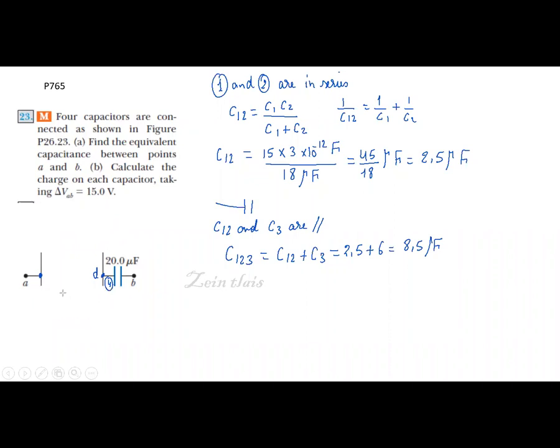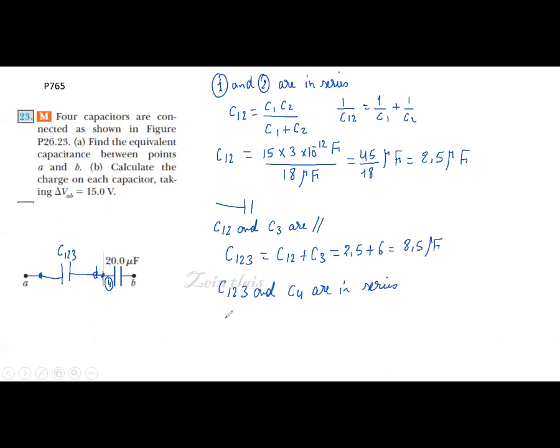Okay, so we can put the equivalent of this one between A and D, which will be C123. Now, as you see, between A and B, we have two capacitors in series. So we can say C123 and C4 are in series.